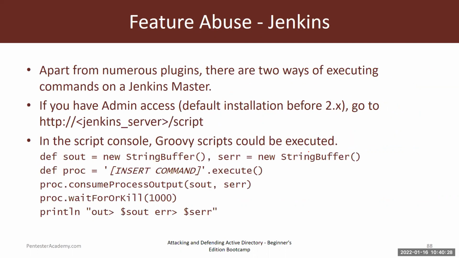Now, if you have administrative access on Jenkins, you can simply go to this URL, http://jenkins-server/script, and you can run Groovy scripts there. If the Jenkins master is running on a Windows machine, you will be able to run this as system on the master.